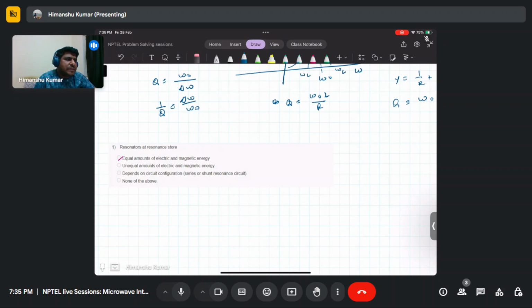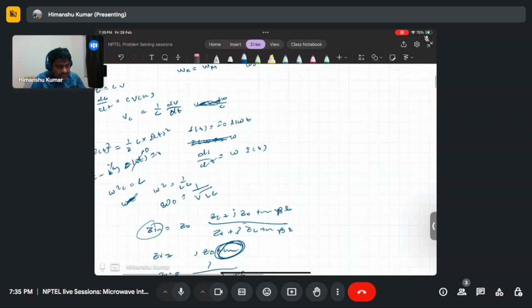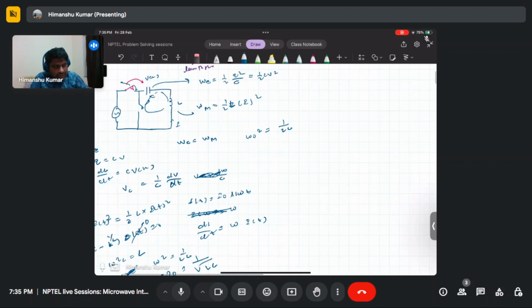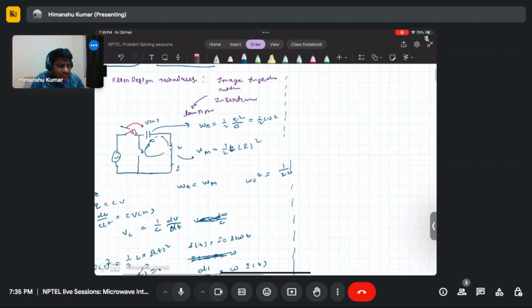We can discuss. So basically, there are different kinds of filters. Let's say you can explore different kinds of topology.